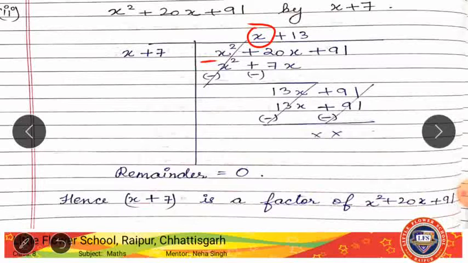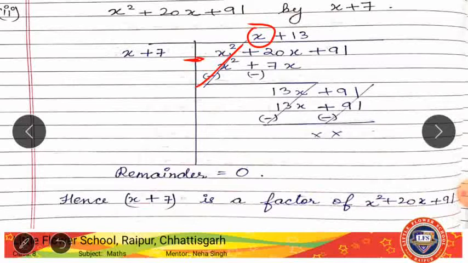This x square is with a plus sign, so it will be changed into minus, and this plus 7x will be changed into minus. Now we'll subtract. Plus x square and minus x square will get cancelled. 20x minus 7x is 13x.